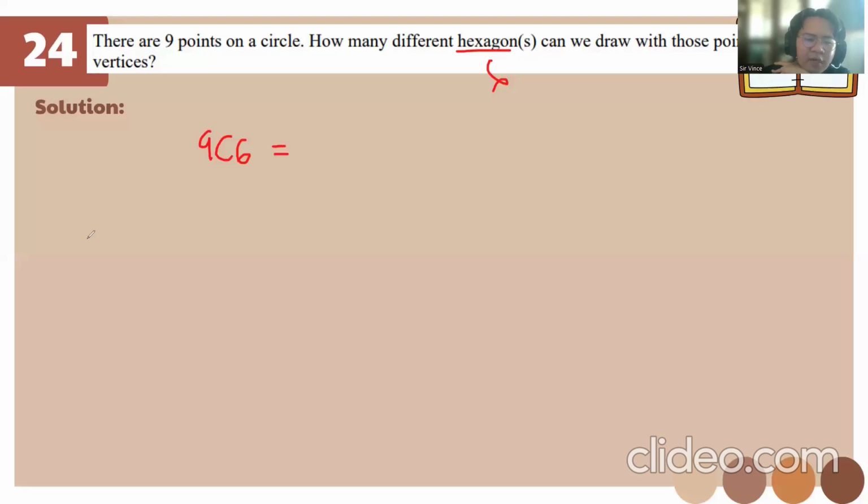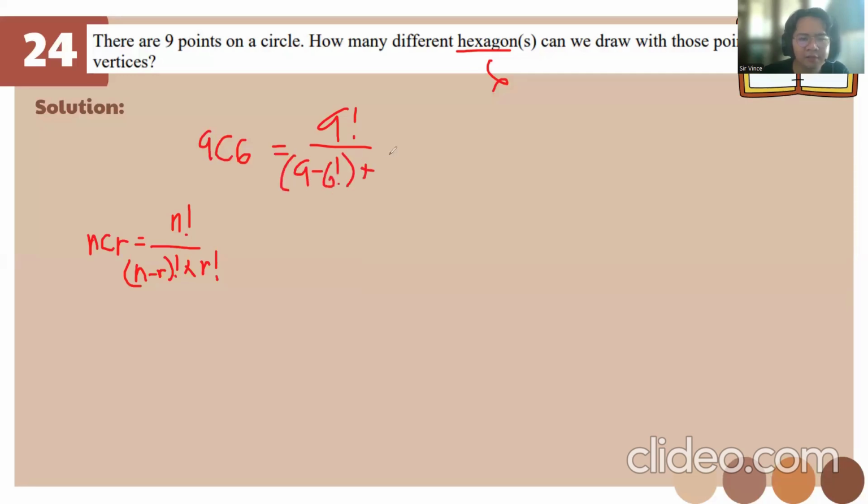So 9 combination is actually nCr, where n factorial over n minus r factorial times r factorial. Okay? So we have here 9 factorial over 9 minus 6 factorial times 6 factorial.